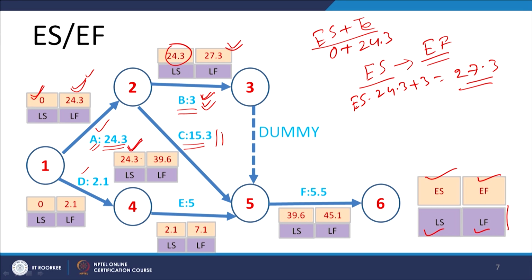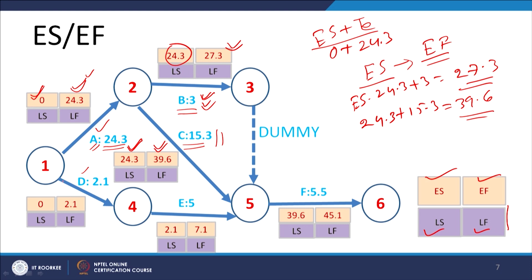The expected time to complete activity C is 15.3, so the earliest finish time for activity C is 39.6.